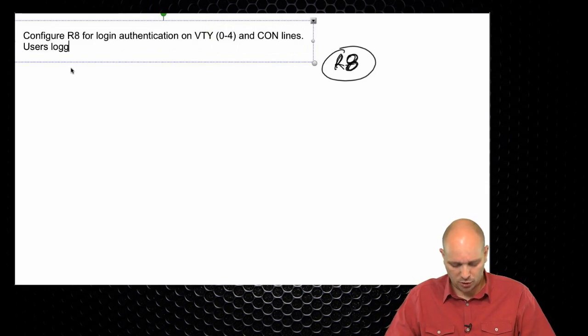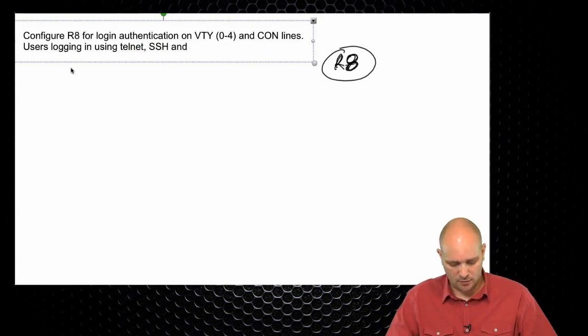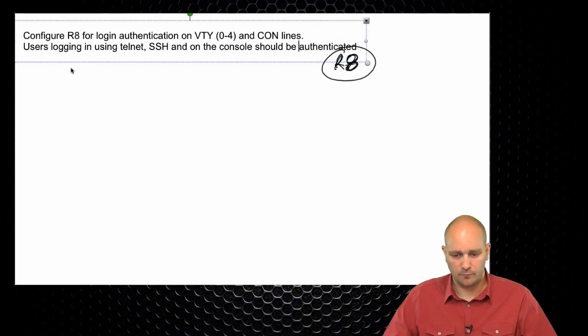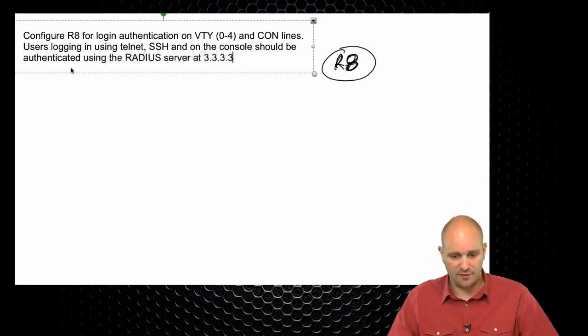Users logging in using Telnet, let's say SSH, and on the console should be authenticated using the radius server at 3.3.3.3, key IPexpert.